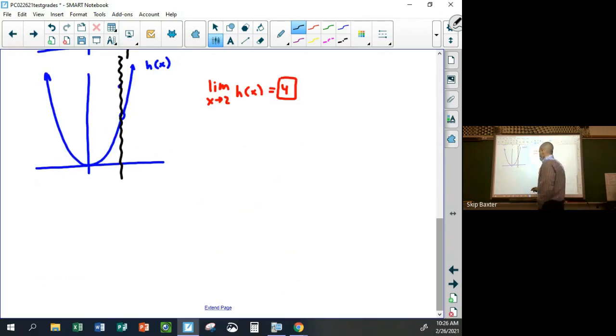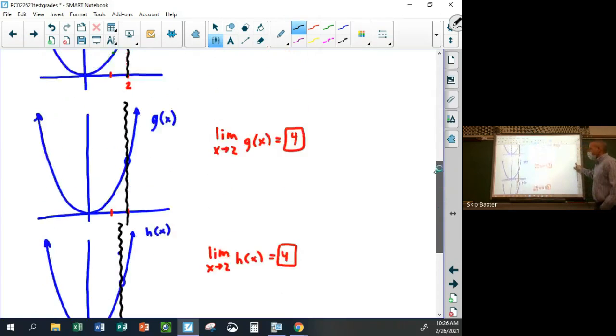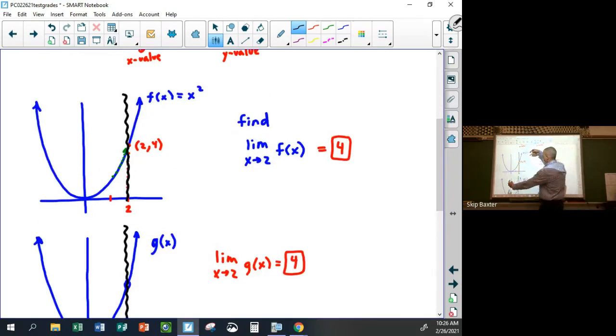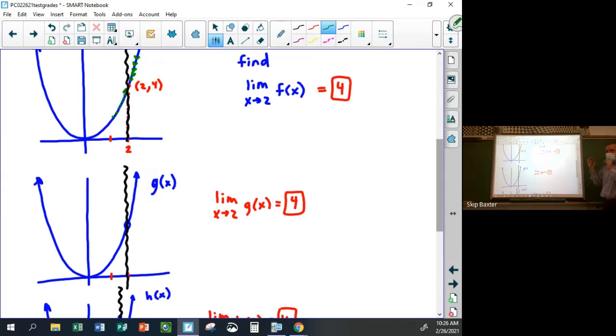So in all of these cases, you're kind of headed toward the same thing, right? From either direction. I happen to draw this like I'm walking along the curve in this direction, but I could have been walking along the curve going this way as well. And I still would be headed down towards y equals 4, right? In all three cases. In some cases, that might not be the case.